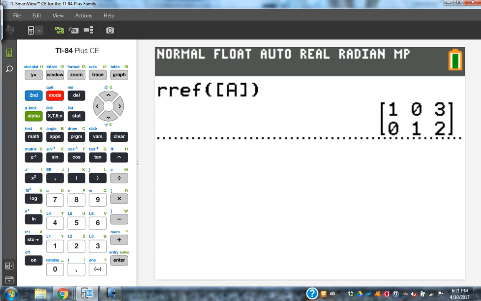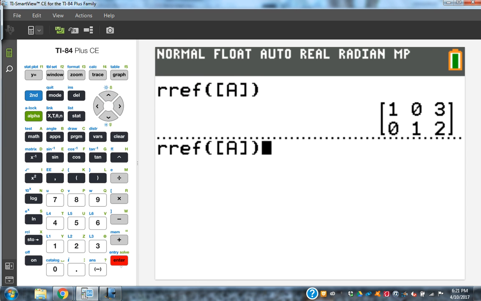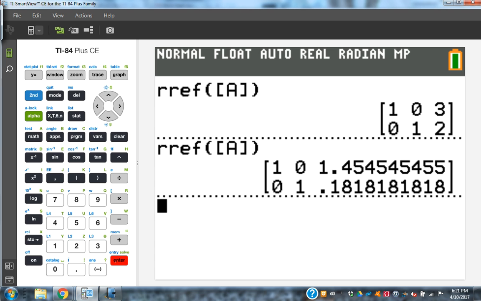And here's the good thing about reusing matrix A. Instead of having to press all those keys to get RREF, you just press the up arrow and go grab that where it says RREF of A. And it doesn't remember what the other matrix A was. It's a new one now. It's going to say, okay, I'm using matrix A, whatever's in there that you put. And it gets these decimal answers.